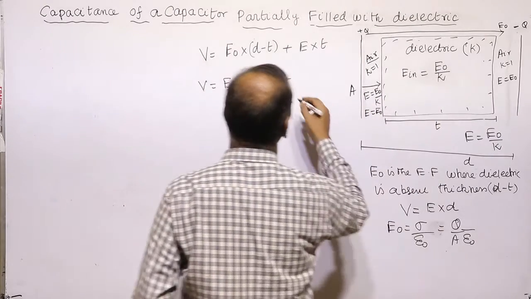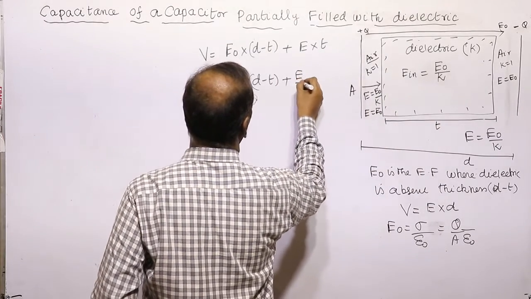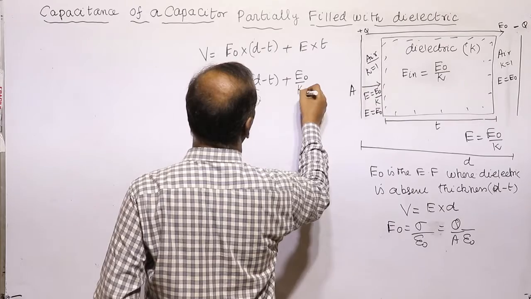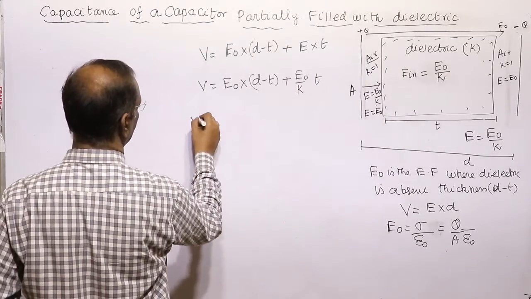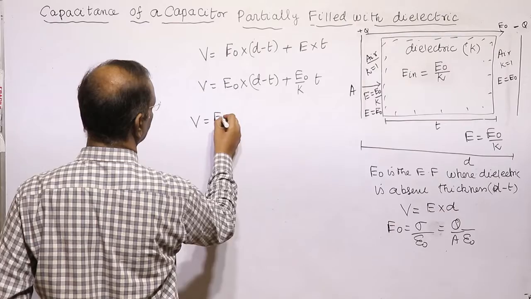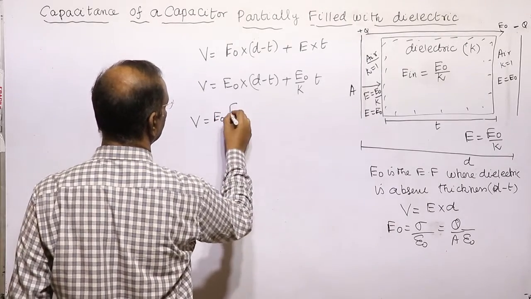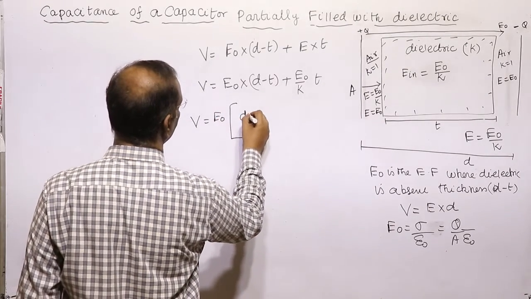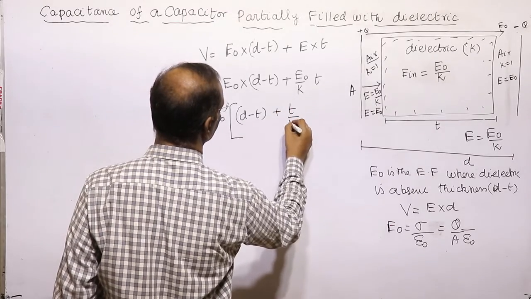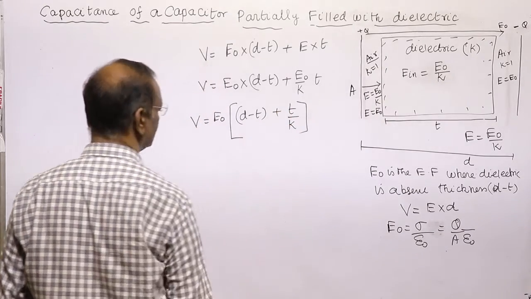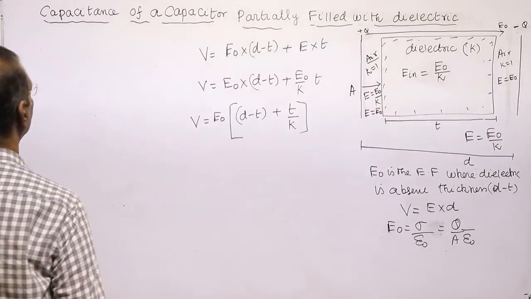E here is equal to E naught divided by K, into T. So we can take E naught outside. This is the applied electric field outside, and D minus T plus T by K.